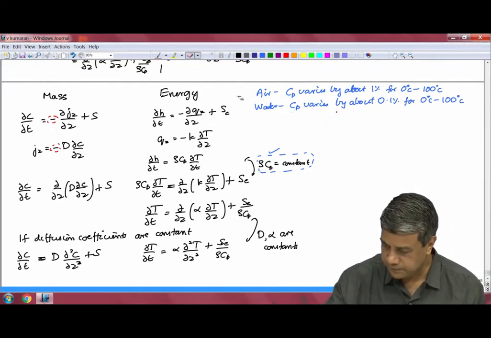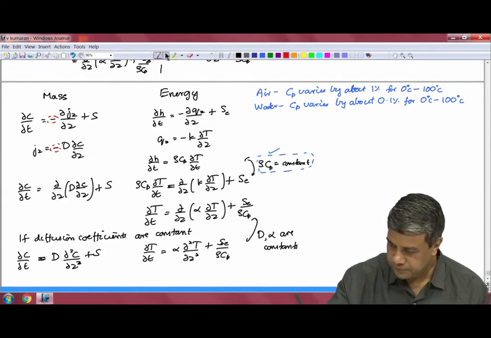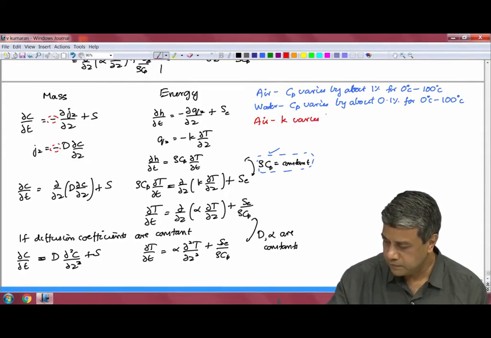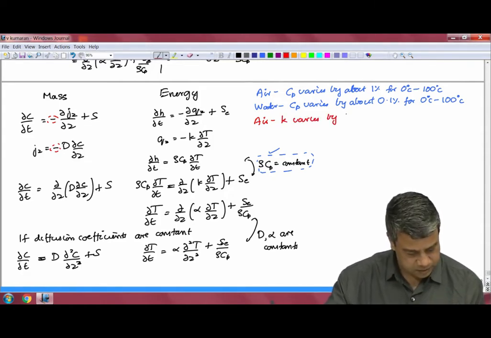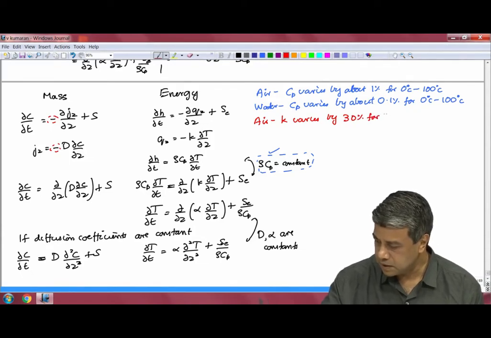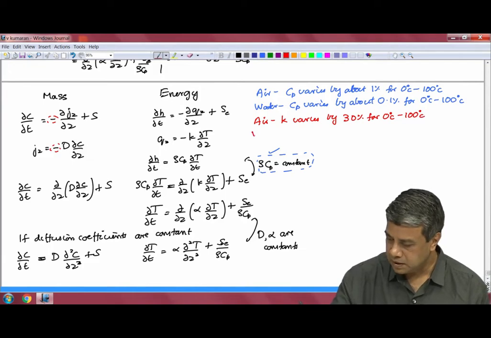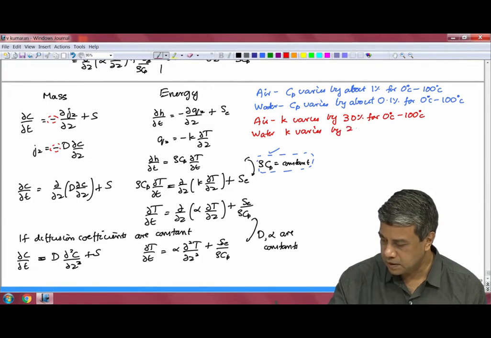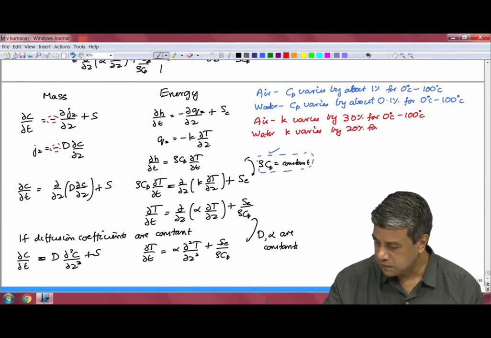In air, it varies by 30% from 0 degree centigrade to 100 degree centigrade. And in water, the thermal conductivity varies by 20% from 0 degree centigrade to 100 degree centigrade.